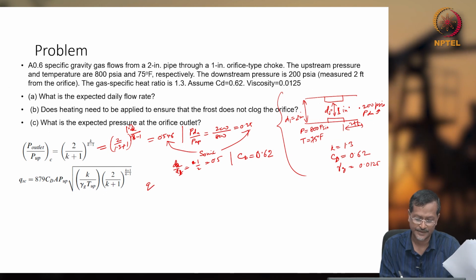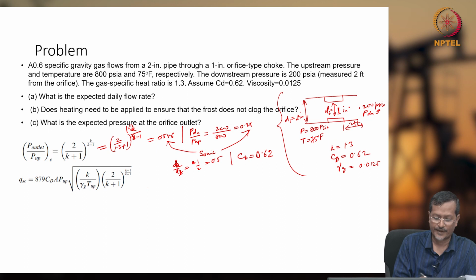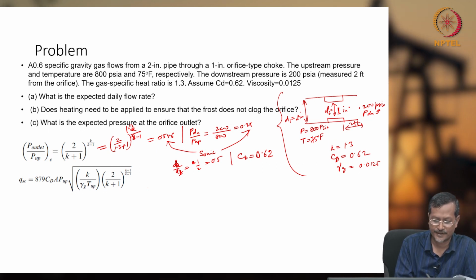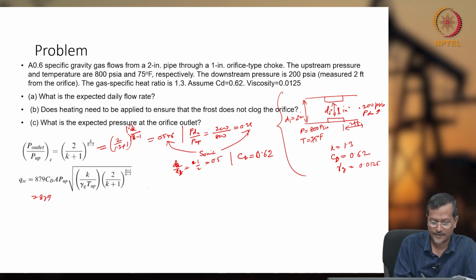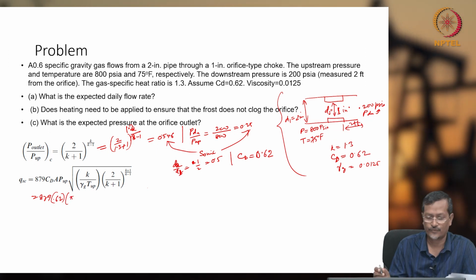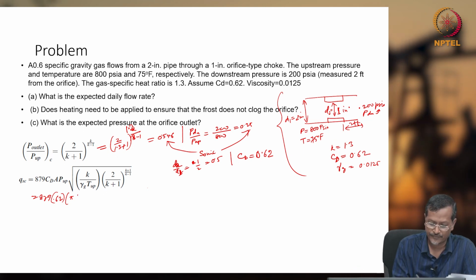Now QSC, the flow rate. The first question is the expected daily flow rate. QSC equals 879 times CD value 0.62 times A. A value is pi r square, which for 1 inch means pi by 4 into 1 square.